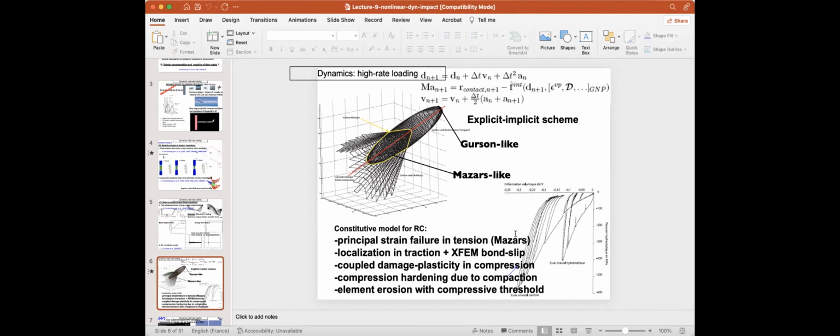Now, in an explicit scheme, it's not a problem to make an element disappear. It's not going to perturb your computation. You can simply remove it and then carry on with your computation. So that allowed us to have a very complicated model, but a rather simple computation, because we did not have to worry about convergence.